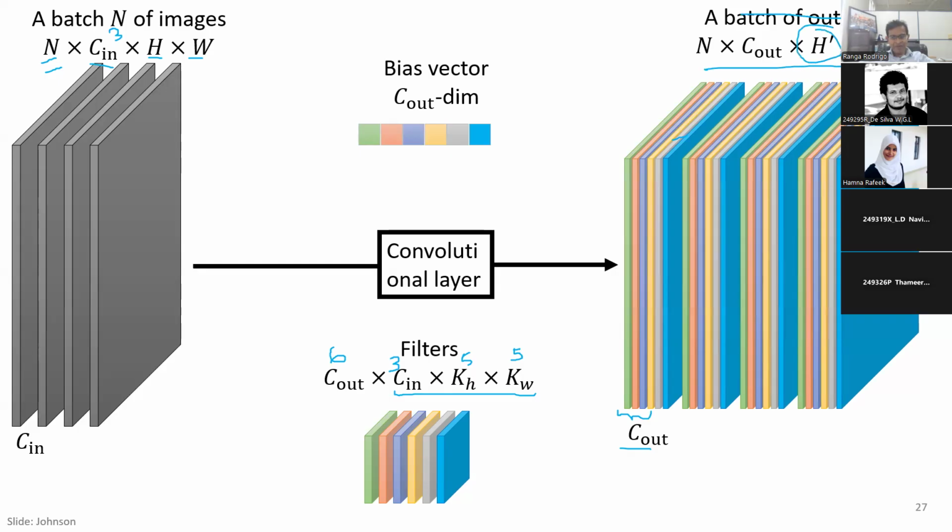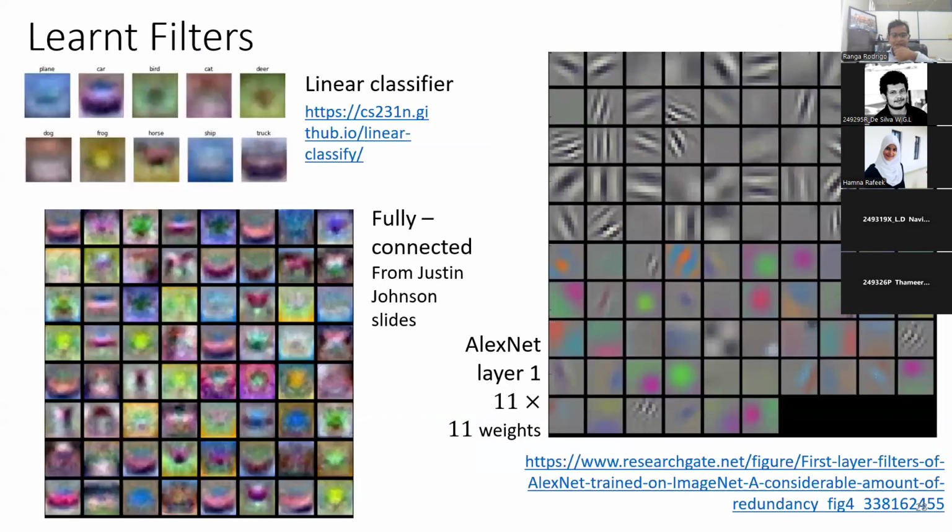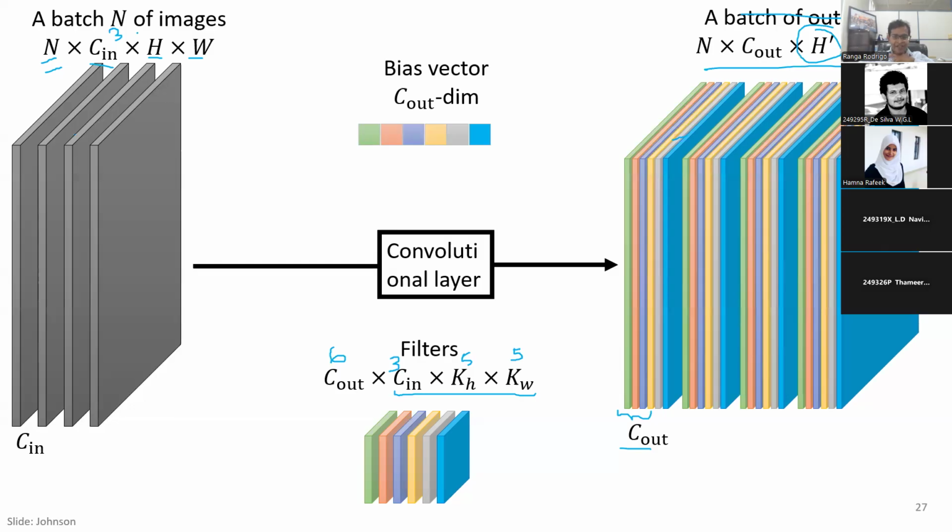What will be H' and W'? Slightly less than H and W. Actually, we can compute that value. H' is H minus the kernel size KH plus 1.